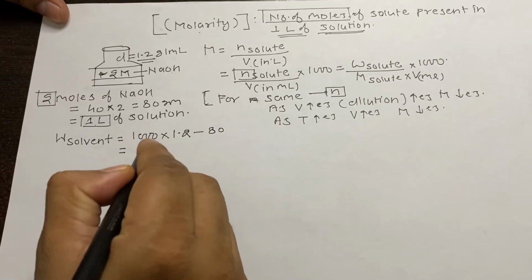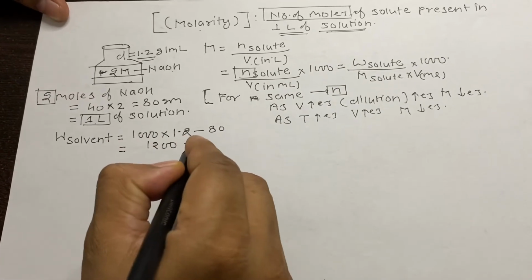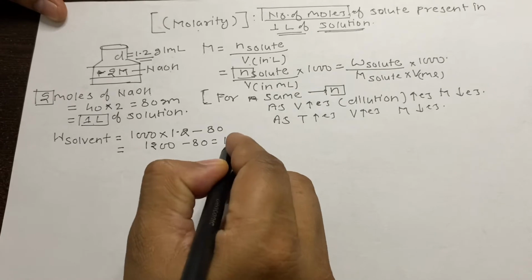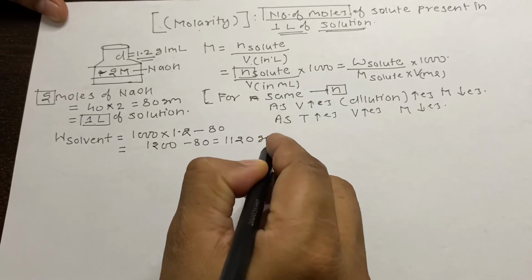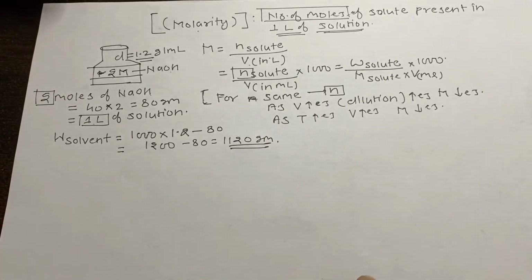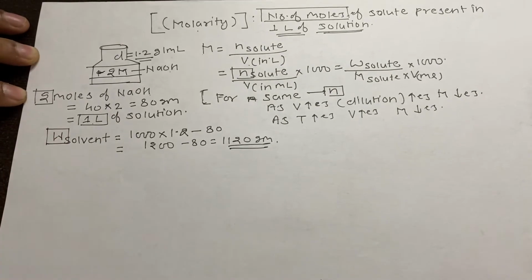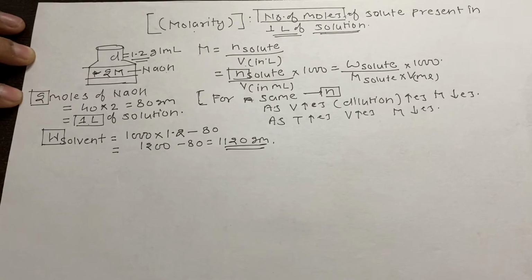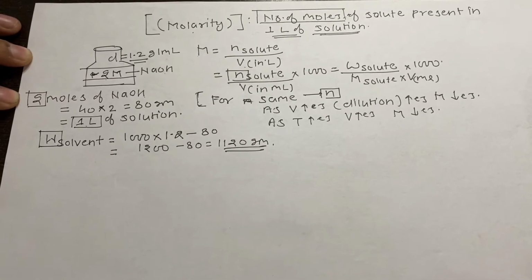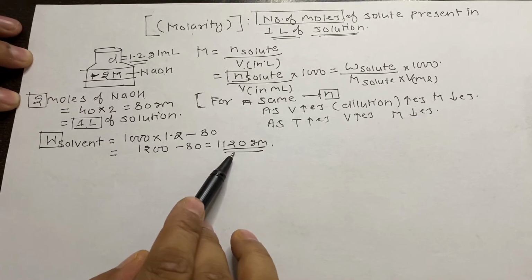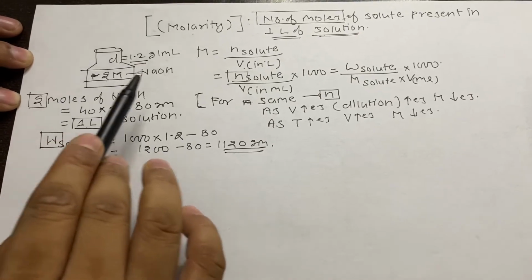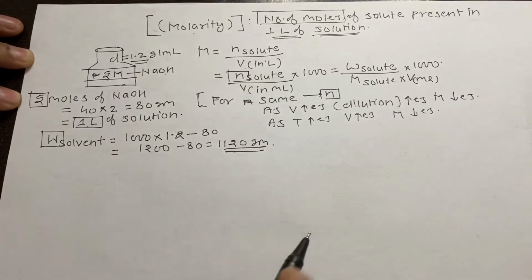On solving, it is 1200 minus 80, which gives 1120 gram of solvent. And we know the mass of solvent is required to calculate small m, which is molality. So this data is very helpful, and this is the decoding of a labeled solution.